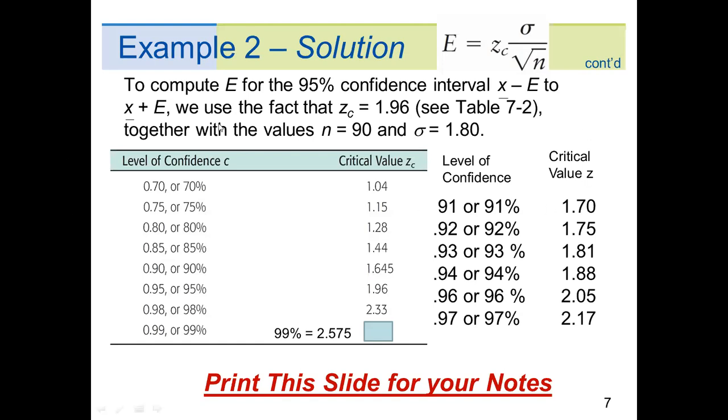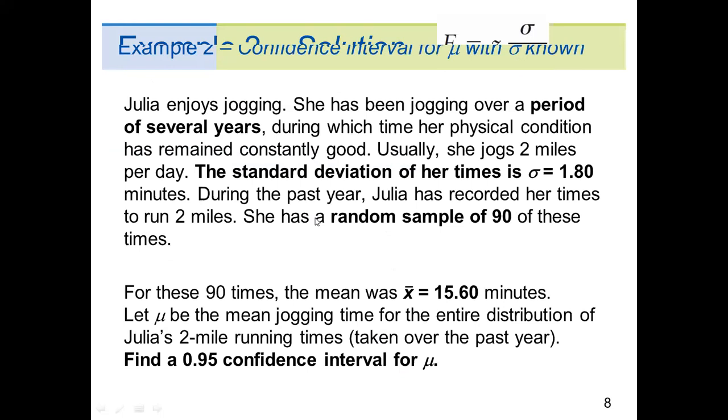This slide you've got to have, because to figure out the error, you need that critical value. You'll be given what sigma is, because you know sigma. You'll be given what n is. You're just going to multiply the critical value times sigma divided by the square root of n. So you've got to have this chart, because without it, you're lost.